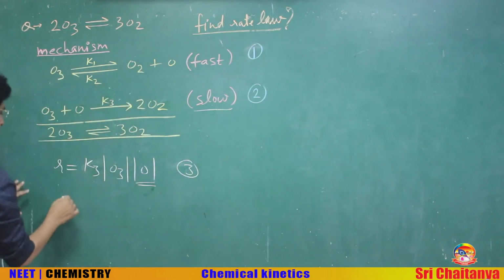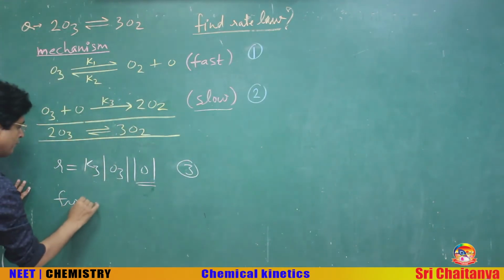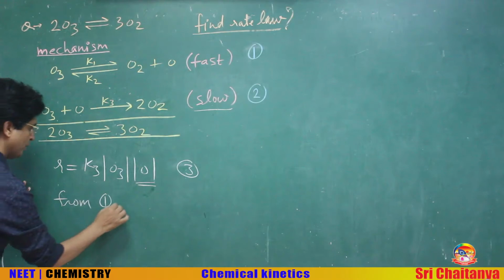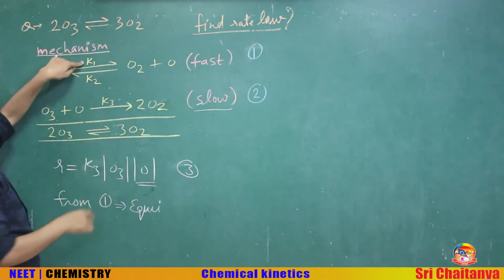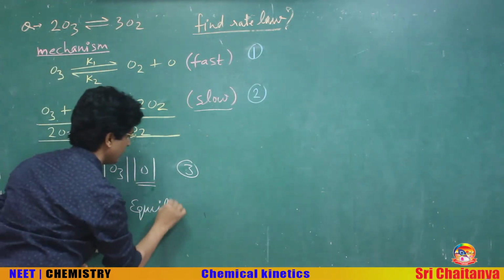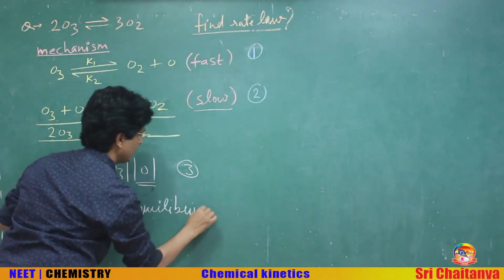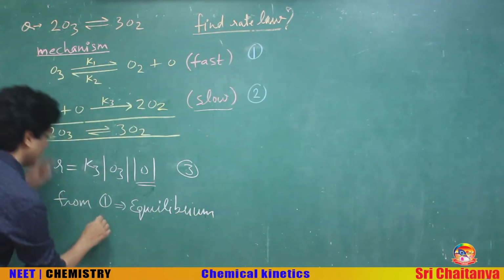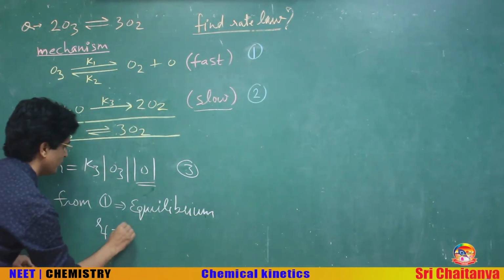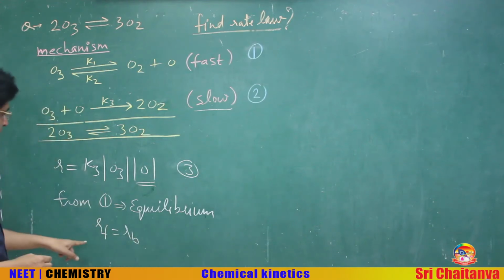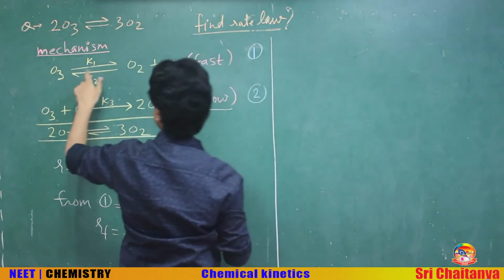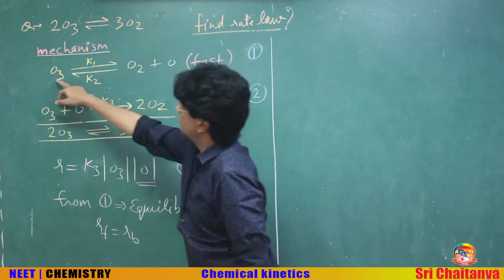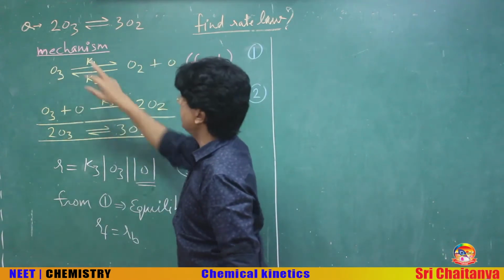Now from the first, which is basically in equilibrium, you can see that this equation is in equilibrium. I can say that rate of forward reaction is equal to rate of backward reaction. So what is rate of forward reaction? Let's come over here. Rate of forward reaction will depend on the concentration of ozone and K1.